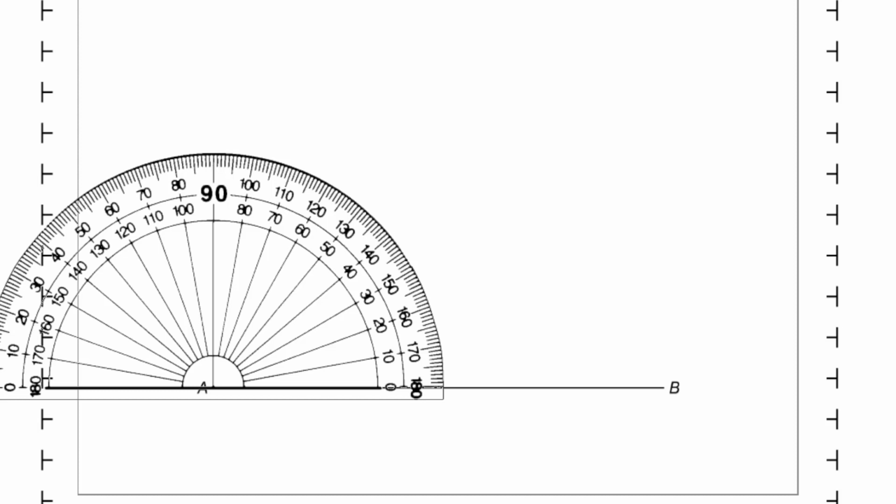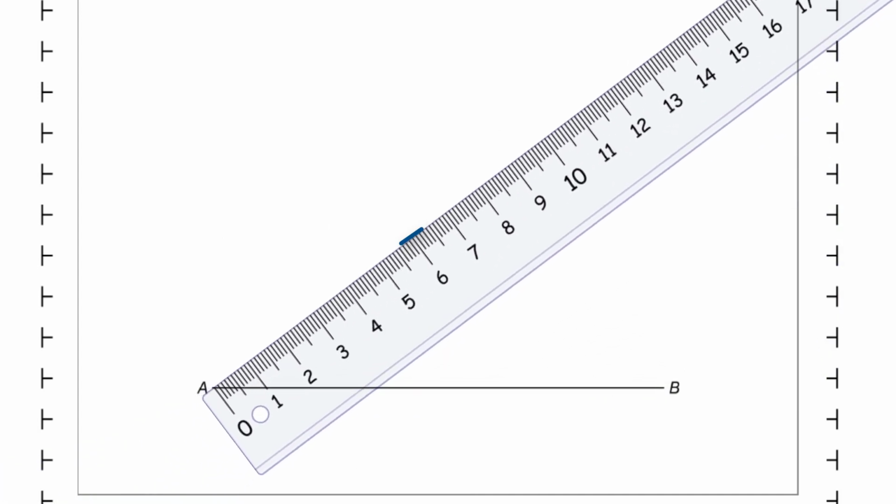So counting around from 0 up to 37, I'm going to put a little mark at 37 degrees. And once I've done that, I'm going to remove the protractor and get out our ruler instead. I'm going to line up the ruler so the 0 on the ruler is at A, and the ruler passes through the mark that I've made.